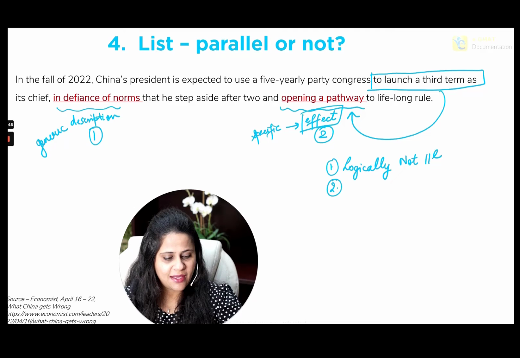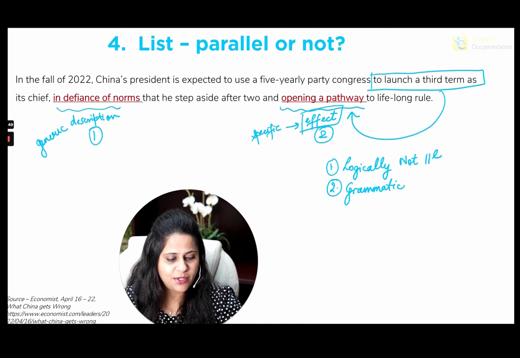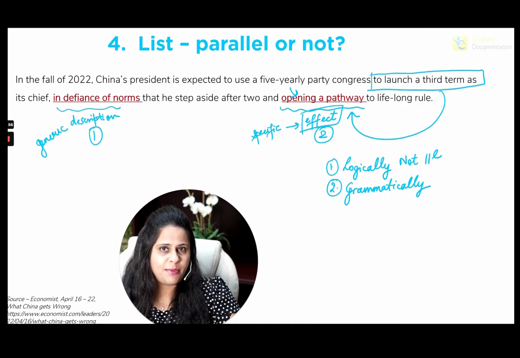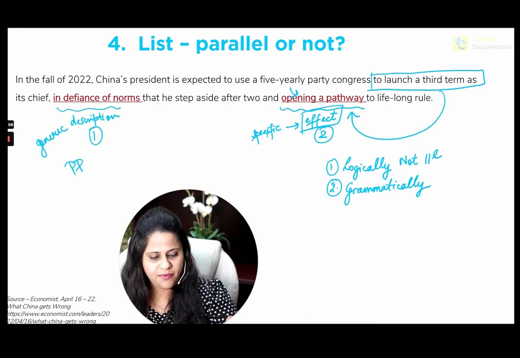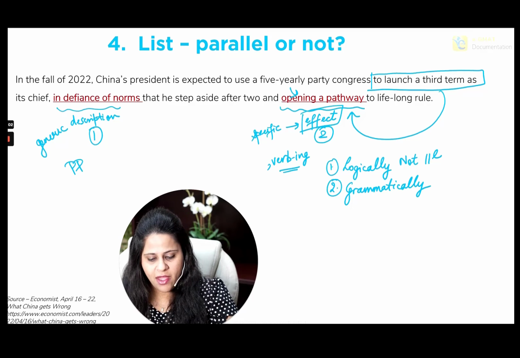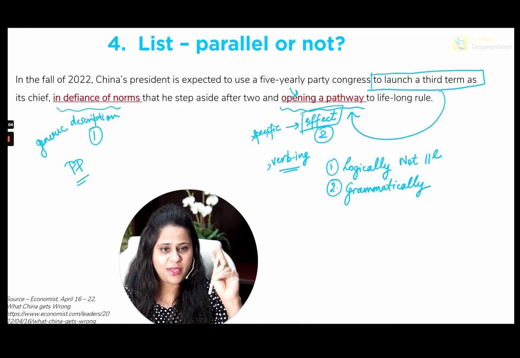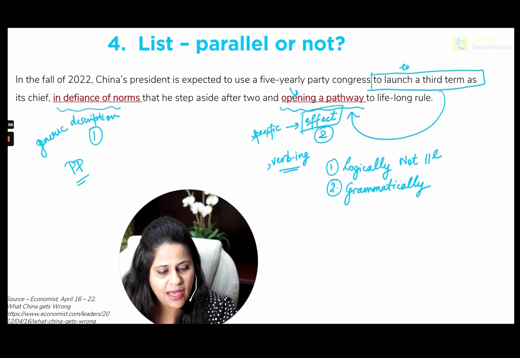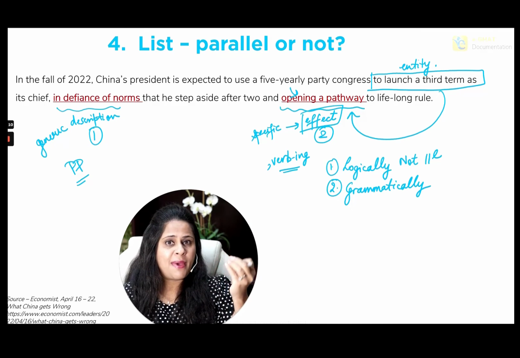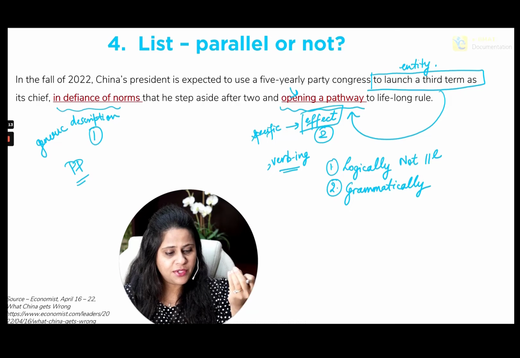Second thing that you see is they are not even grammatically parallel. There is no consistency between the two, okay? This one is a verb-ing modifier after a comma, and this one over here is a prepositional phrase, and this one is a comma plus verb-ing. So there you go. You have two grammatically different modifiers being used to modify one single entity, right?